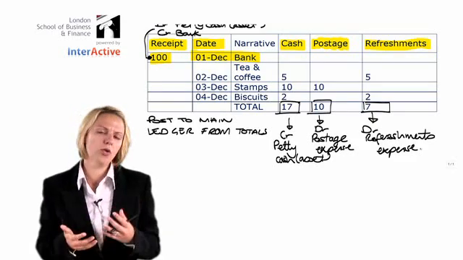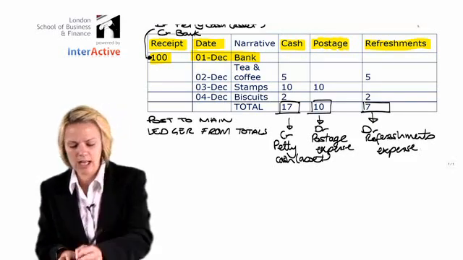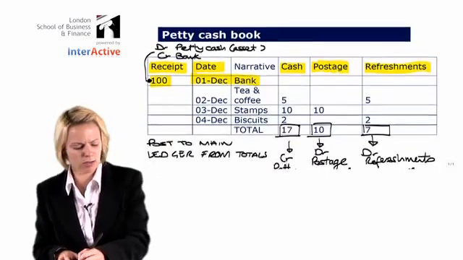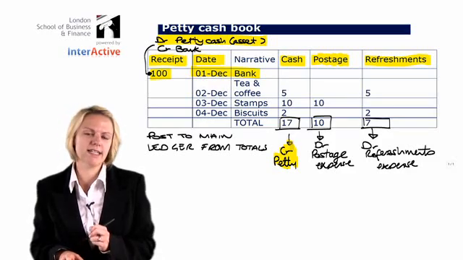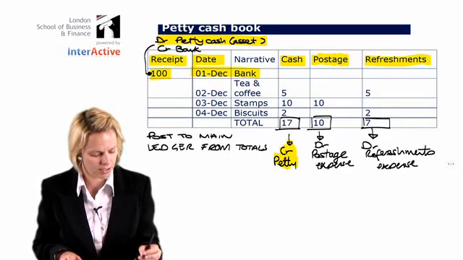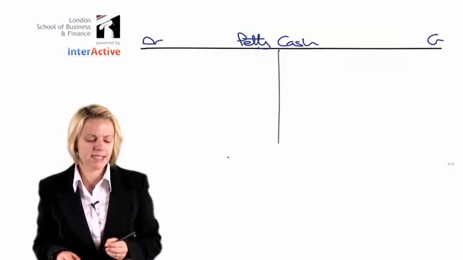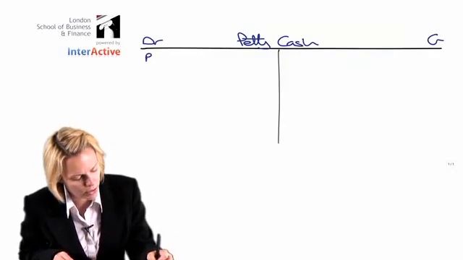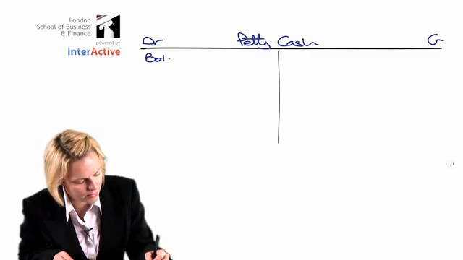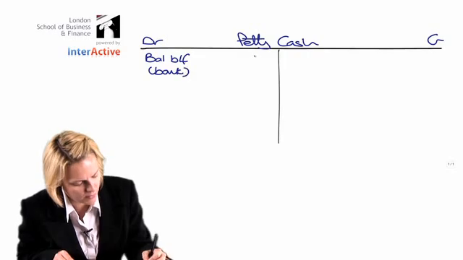So, what I thought it'd be useful now is to see what the petty cash ledger account looks like and remind ourselves of that, and then do the credit entries as well. So, if you open up a T account, a ledger account, and call it petty cash, we're going to have the balance brought forward from the bank of 100.